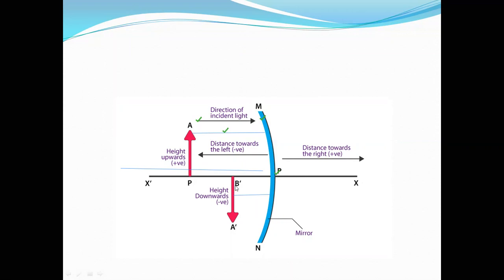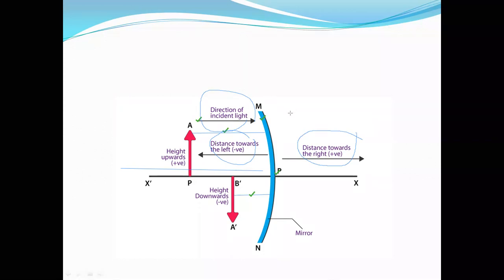Again, the image distance, starting from P and moving towards the left, is taken as negative. So anything measured opposite to the direction of incident light is taken as negative, and anything in the same direction as the incident light is taken as positive.